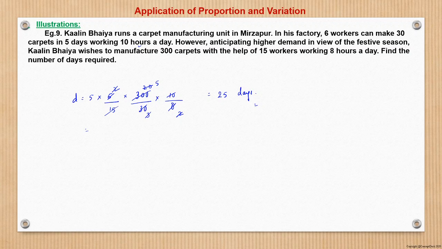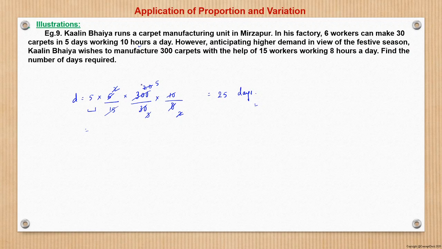What did we do? We started with the initial number of days. I will write the generic rule also. We have to find the final number of days. We started with the initial number of days, then we kept on applying the impact of different variables, analyzing whether that variable has a direct proportionality or an indirect proportionality.